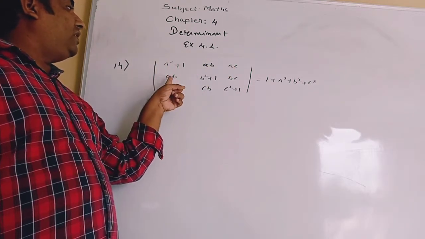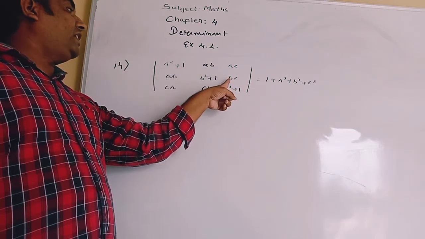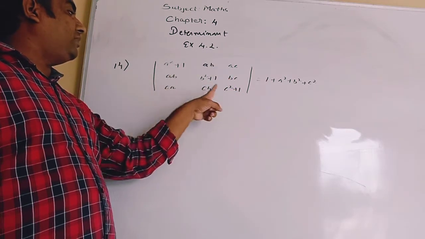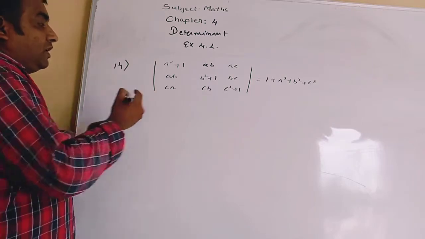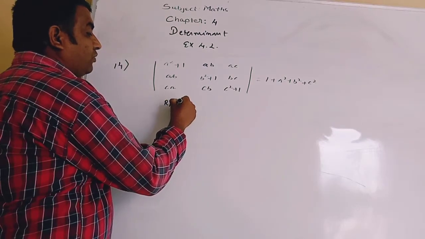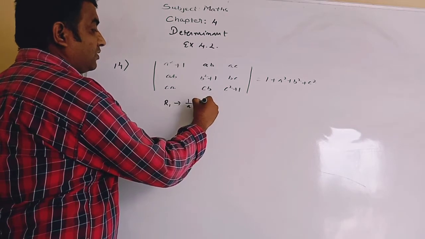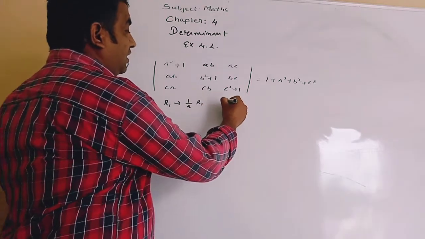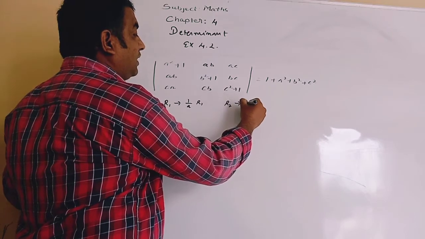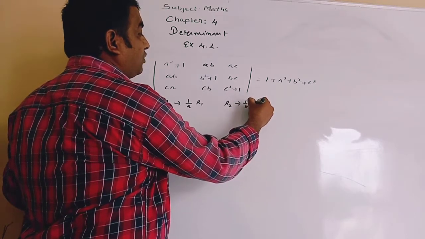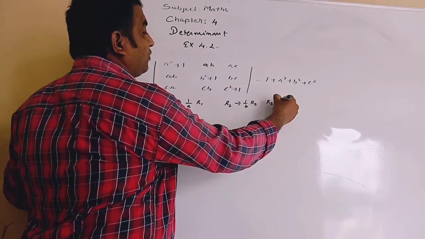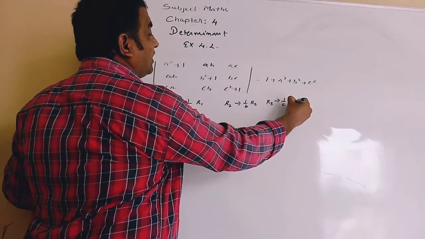Same here, ab and bc, so we take out b from the second row and c from the third row. Then R1 transforms into 1/a R1, R2 transforms into 1/b R2, and R3 transforms into 1/c R3.